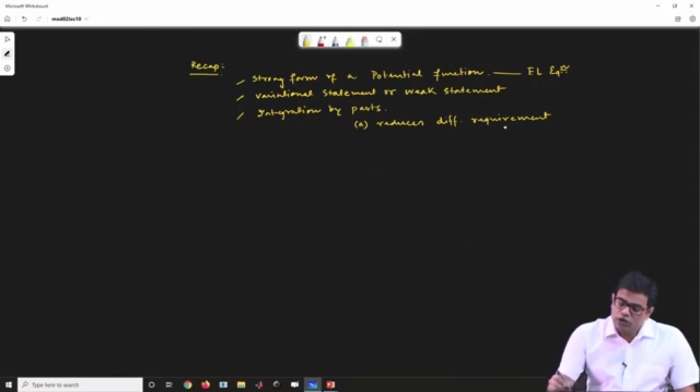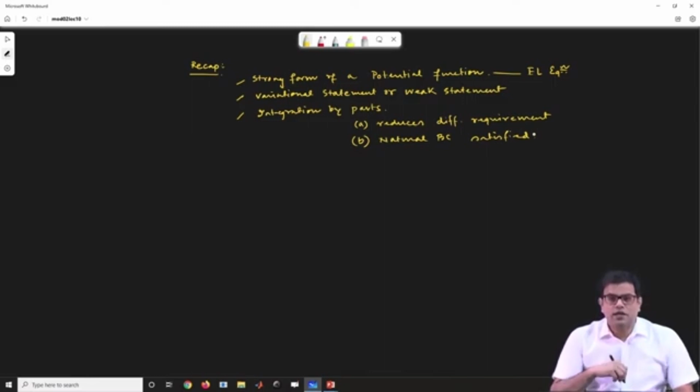This is one advantage. The second advantage is that the natural boundary condition is automatically satisfied. This is the advantage of integration by parts in the weak statement.